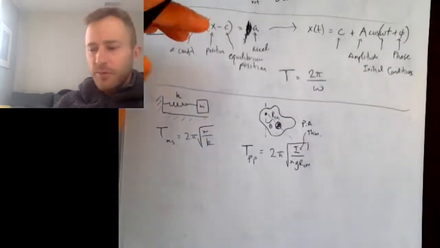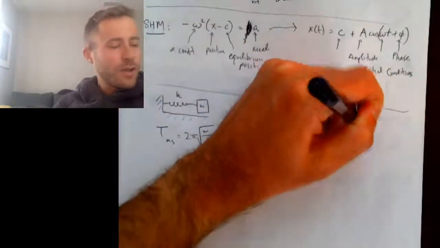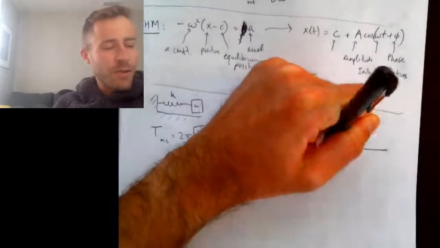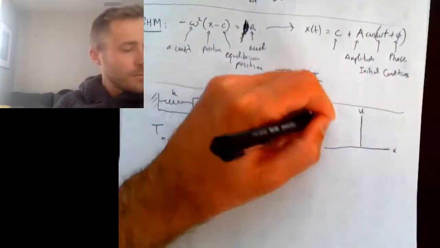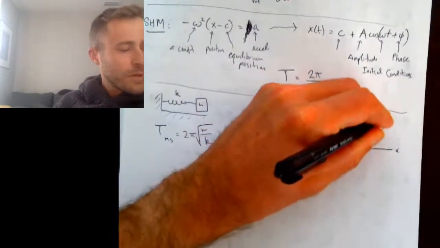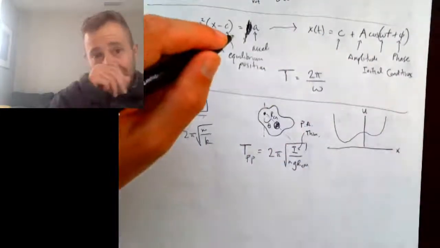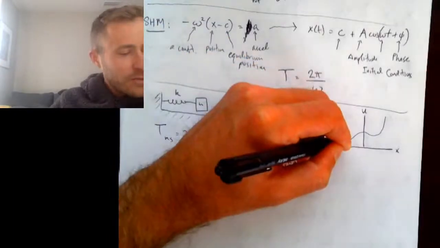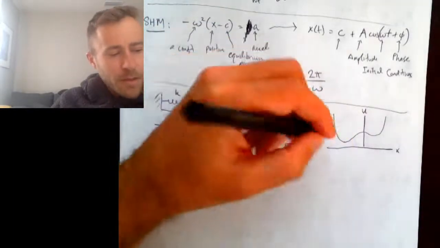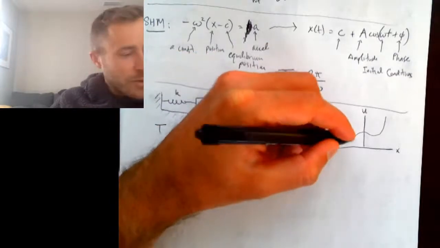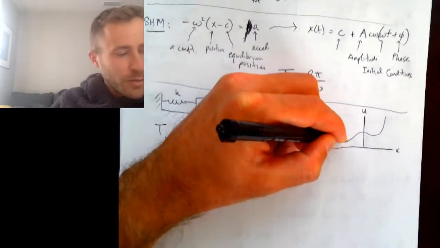And a final type of system we discussed was if you have a U of x graph, we showed that if a particle is near an equilibrium, it will undergo simple harmonic motion about the equilibrium.